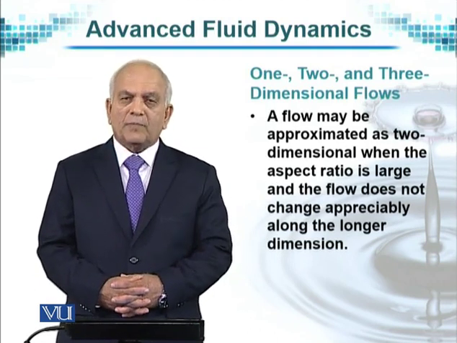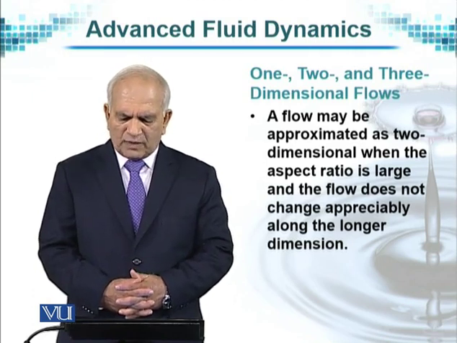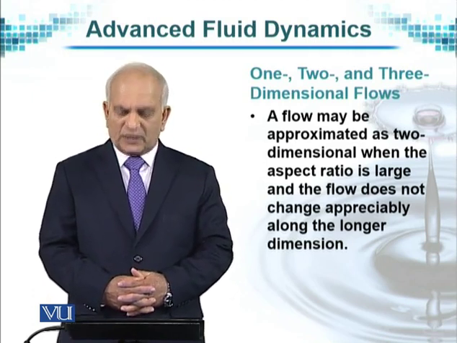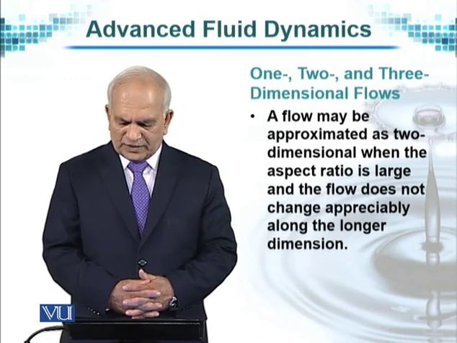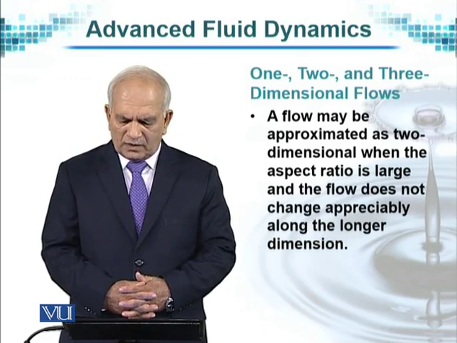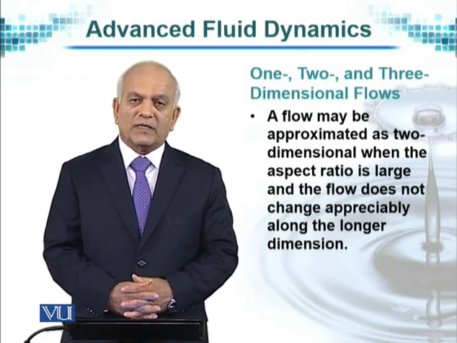A flow may be approximated as two-dimensional when the aspect ratio is large and the flow does not change appreciably along the longer dimension.